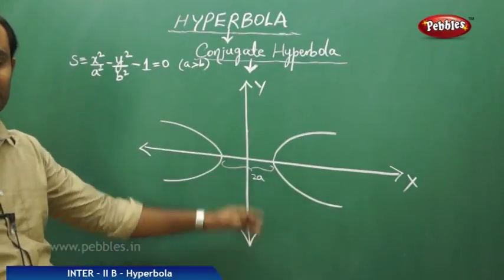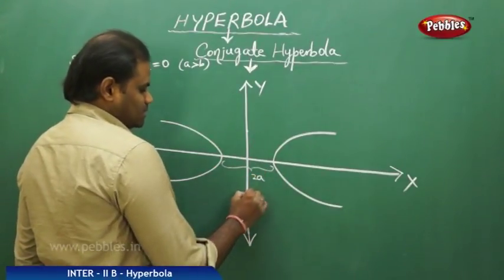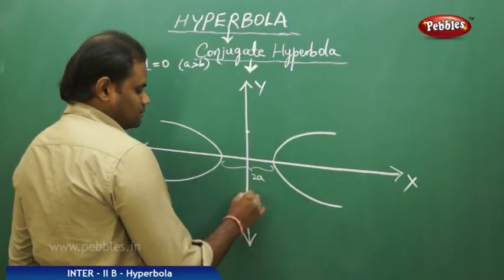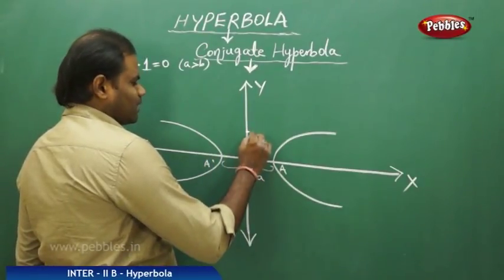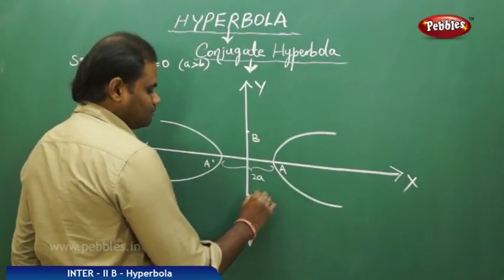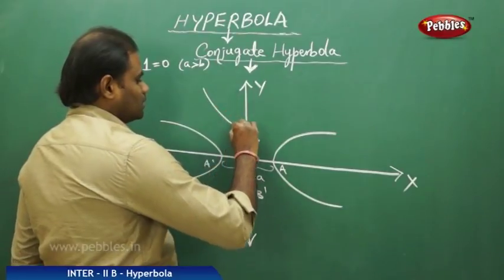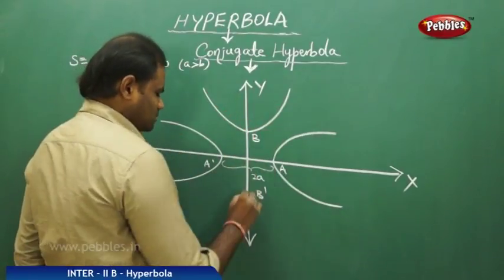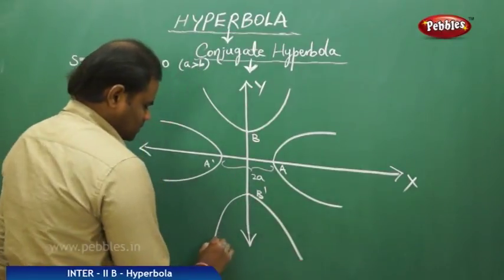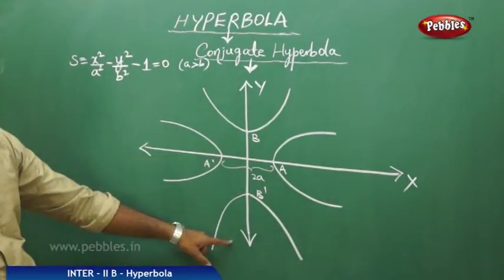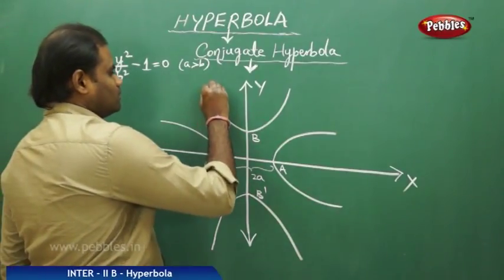We are interchanging the conjugate and transverse axes, so this length gets here, this is a dash, and b dash. So if I draw a hyperbola passing through this and passing through this, the hyperbola is called the conjugate hyperbola of this.